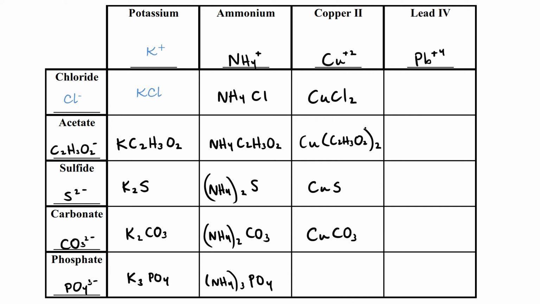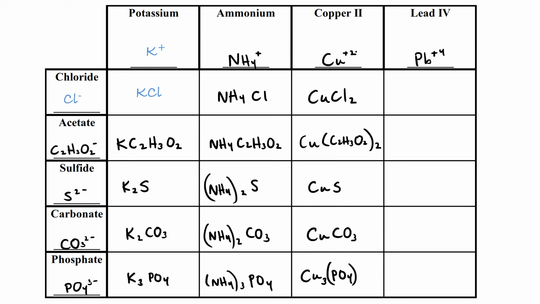Now, copper 2 phosphate is a little bit tricky. What we can do here is take the charge on the copper and make it the subscript on the phosphate, and take the charge on the phosphate and make it the subscript on the copper to balance out the charges. So if phosphate has a 3- charge, we would have 3 coppers bonding to a PO4.